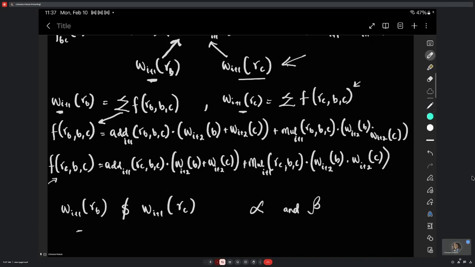You know this W_{i+1} at RB is the evaluation. The summation is where we are working with the polynomials. W_{i+1} at RB you can think of as a constant value, while this summation here you can think of as the polynomial side of it. Same thing with W_{i+1} of RC.